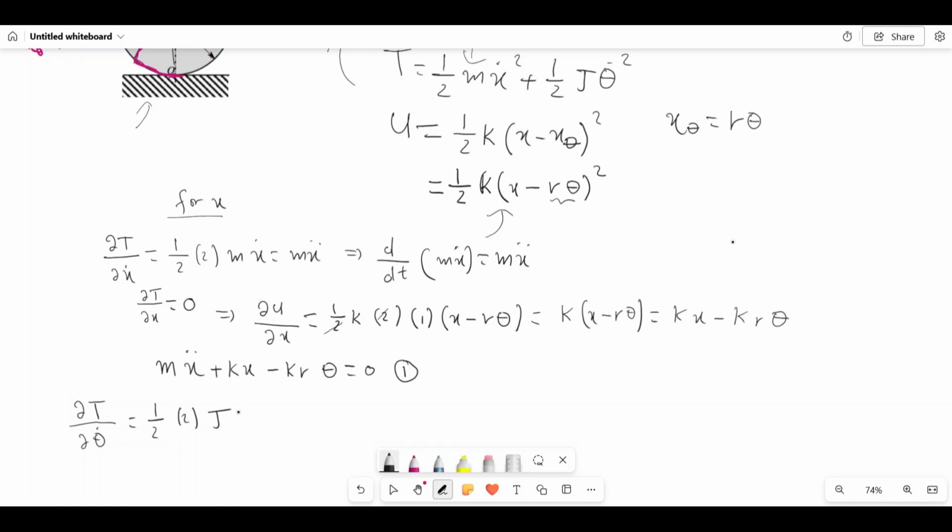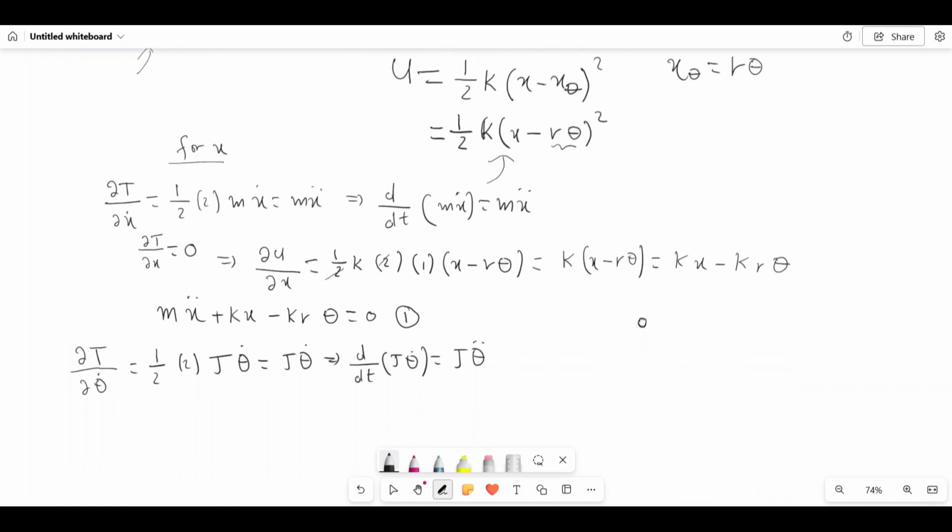So we're going to have j theta dot. So when we differentiate in terms of time, as you can see, this becomes like a game. We differentiate in terms of time, j theta dot. What we have is j theta double dot. That one is fine, my brother.